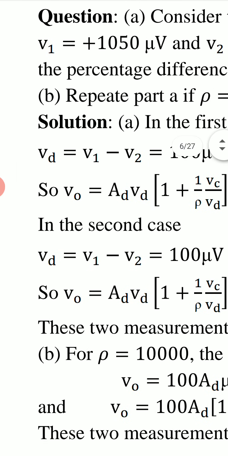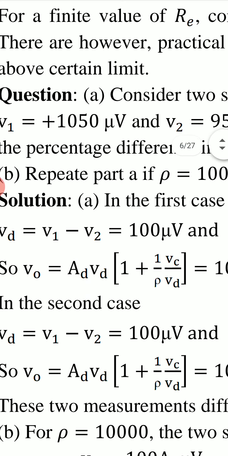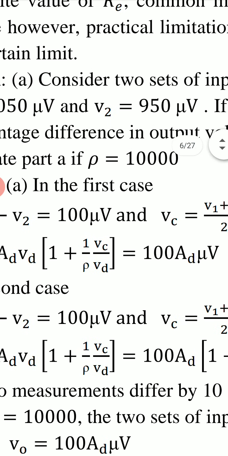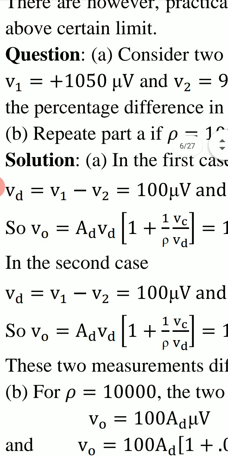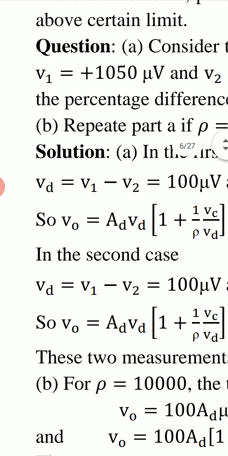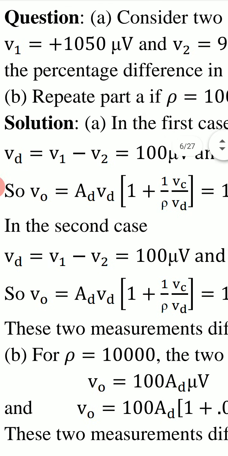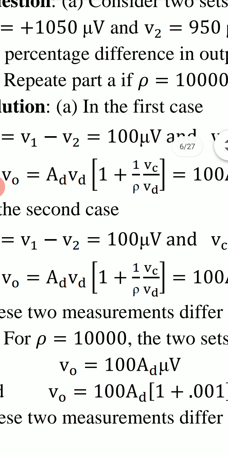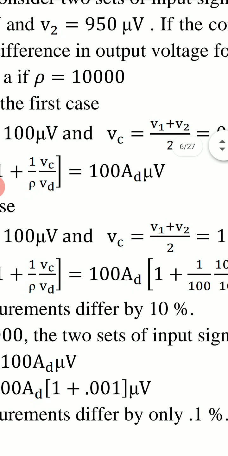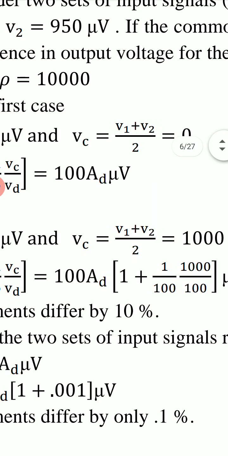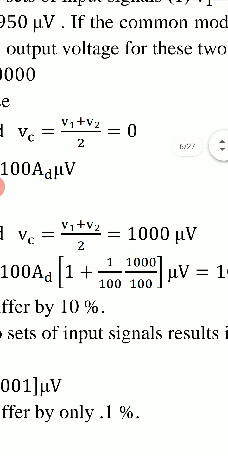In the second case, when V1 equal to plus 1050 microvolt and V2 equal to 950 microvolt, we get the difference voltage Vd equal to V1 minus V2, which is equal to 100 microvolt, and the average voltage, which is the common mode signal Vc, equal to V1 plus V2 upon 2. Now it becomes equal to 1000 microvolt.